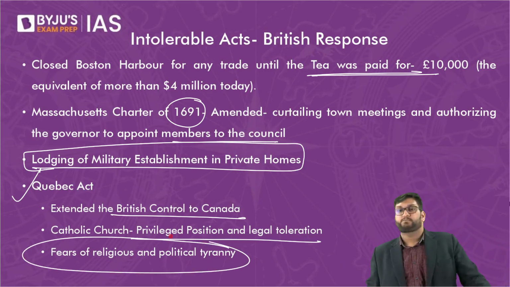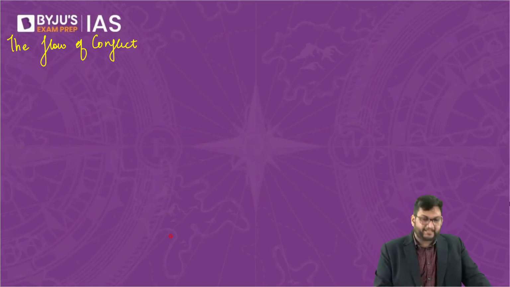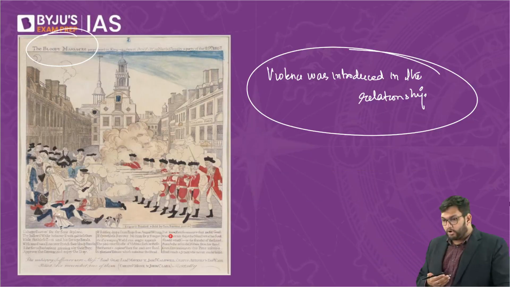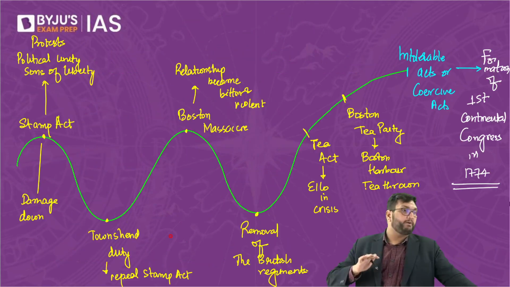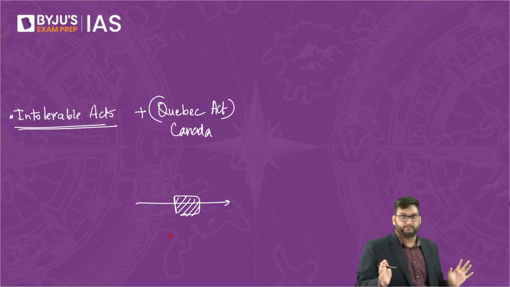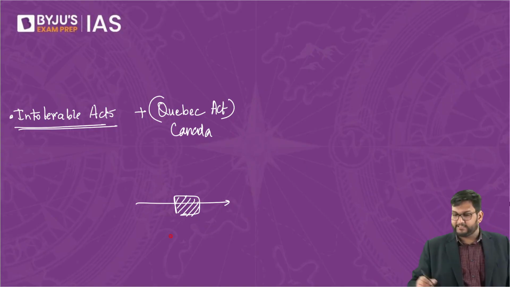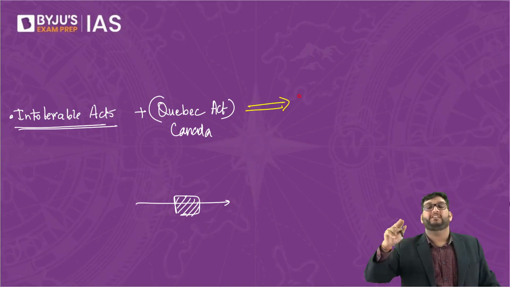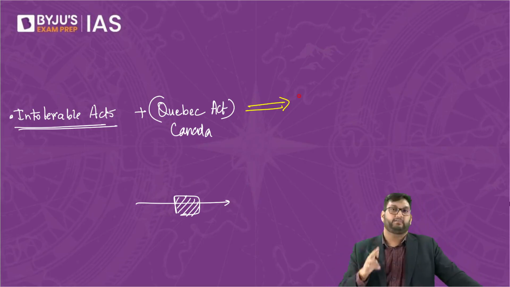The British response to the Boston Tea Party was extremely dangerous. And because it was based on these multiple acts, the people were not able to accept anything in the form of a concession. And this in turn will lead to all these colonies coming together, meeting at Philadelphia.